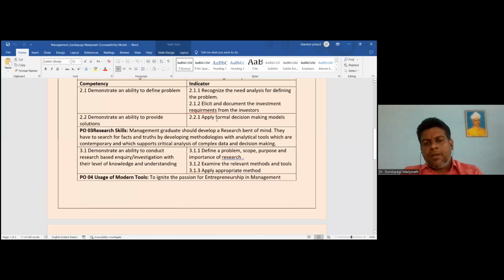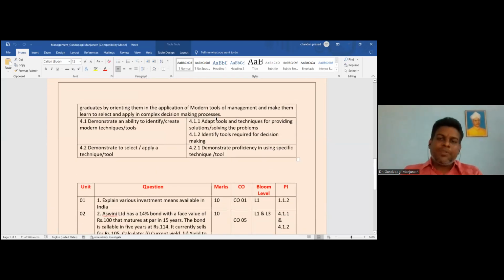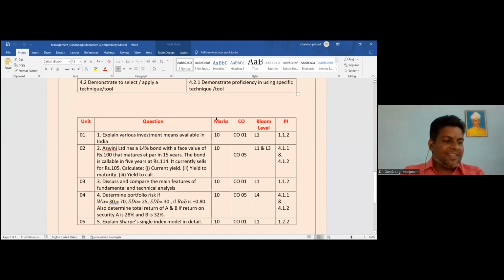These are the verbs of Bloom's taxonomy. I can give you these at the end, or otherwise I will share certain resources that are available. You can take the Bloom's taxonomy verbs, which you can use for designing the questions.